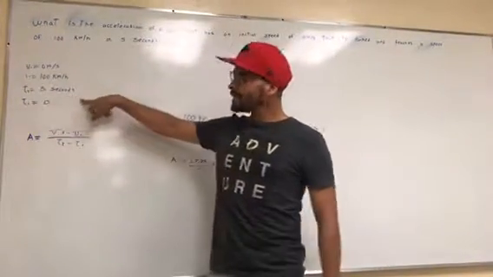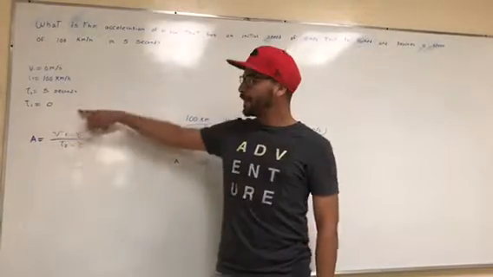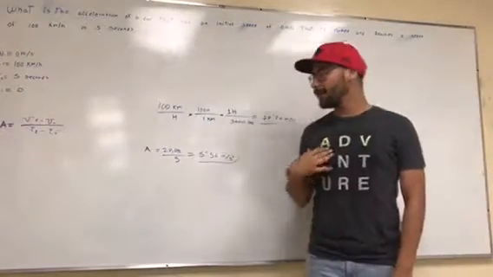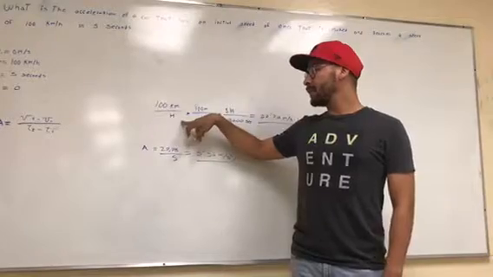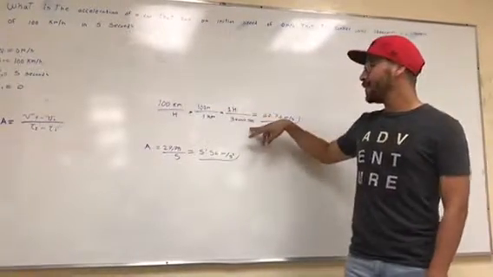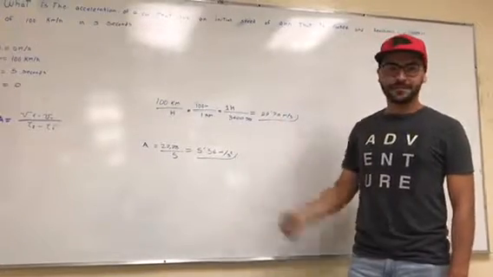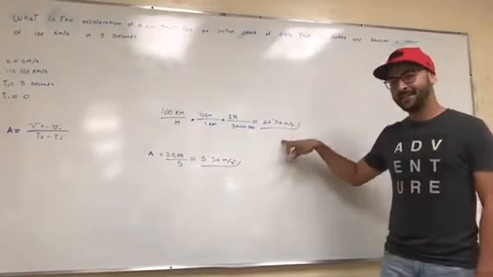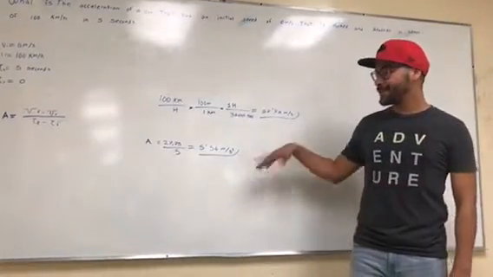Time 2 is 5 seconds. Time 1 is 0. First, convert the kilometers per hour to meters per second. Now we divide this by the 5, and this is the result.